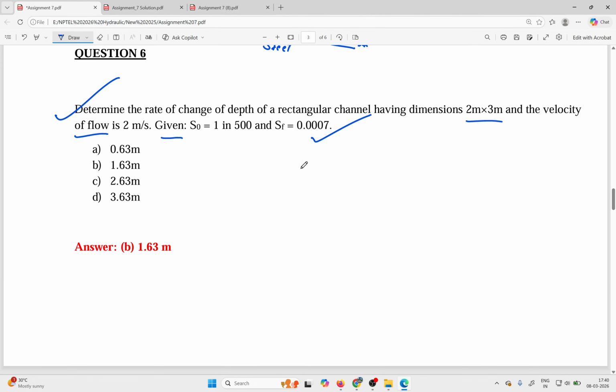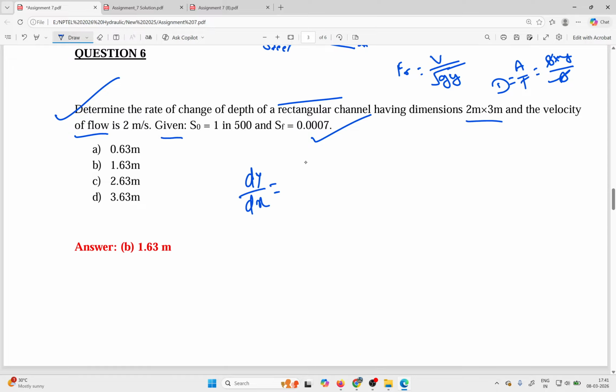Okay, so here in the question you are given the rectangular channel. So in the rectangular channel Fr you can write very easily v divided by root of g into flow depth. Let us suppose y, because A by T is nothing but b into y divided by b. So b will cancel out, D is equal to y, so that's why here is y. Now your S naught is given and you have to calculate dy by dx.